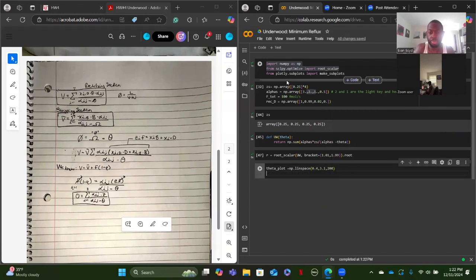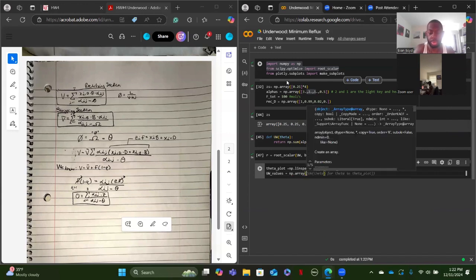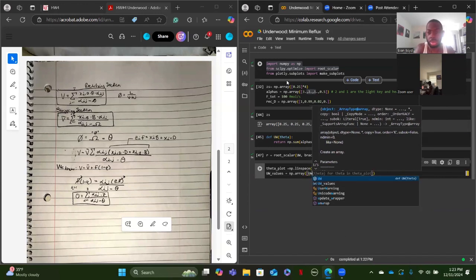Okay. And then our y would just be our Underwood values, which in this case would just be np.array of our Underwood equation. Oh yeah, this would be bracketed. Our Underwood equation for theta.